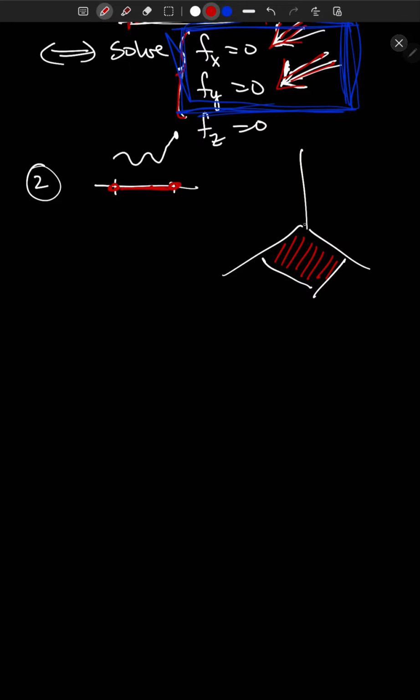But now if you look at this picture, what's the boundary? The boundary is actually this segment, this segment, this segment, and that segment. So solving where gradient f equals 0 is not going to capture any maximums or minimums of your function on this boundary.